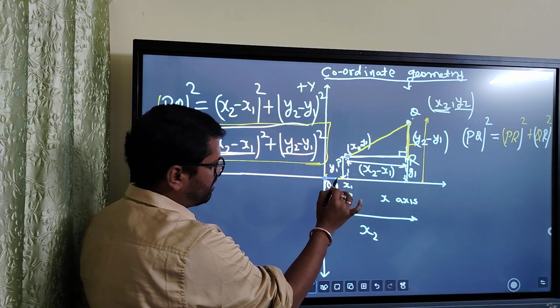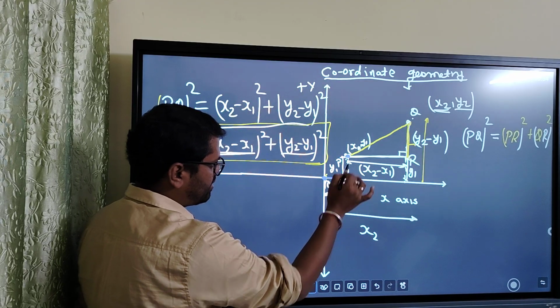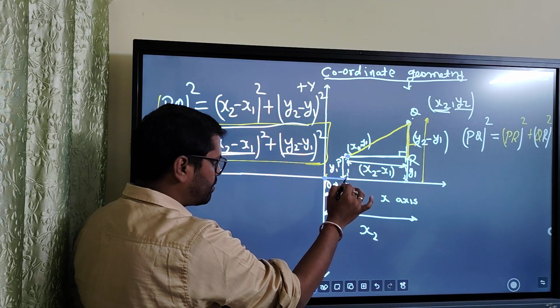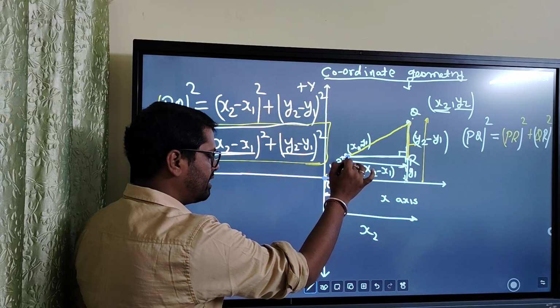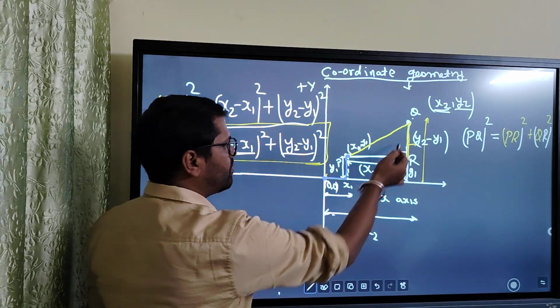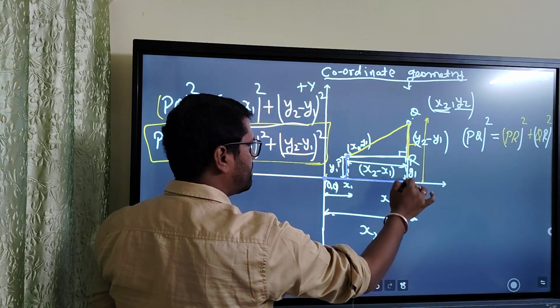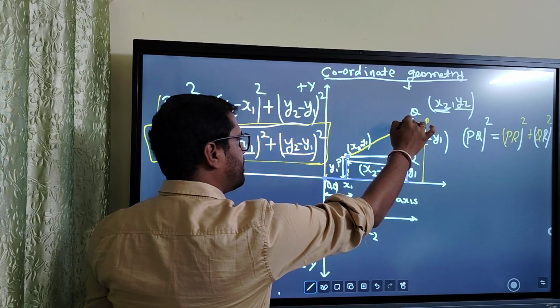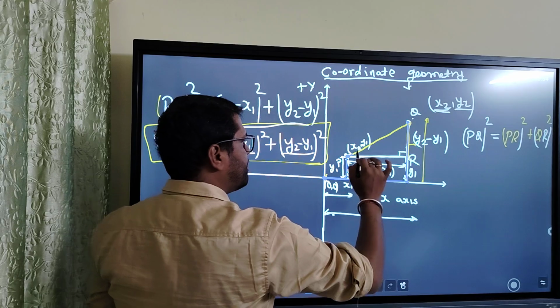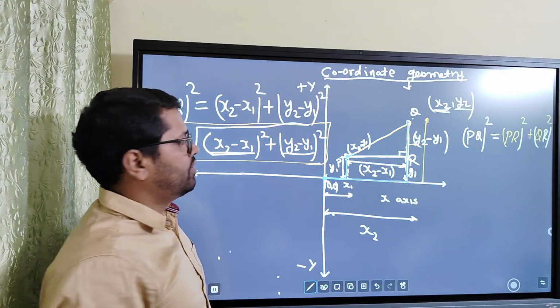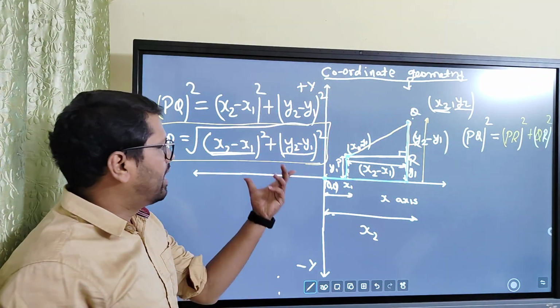First you go x distance, x1, then you go y1, then we have reached here. Similarly, if you have to go to Q, first you go x2, then you go y2. So you can find the distance using the distance formula, and it is simple.